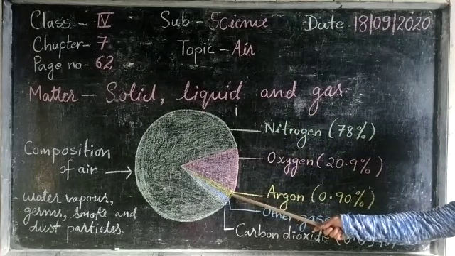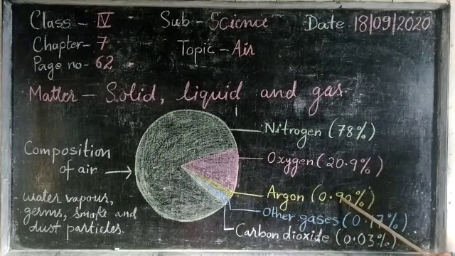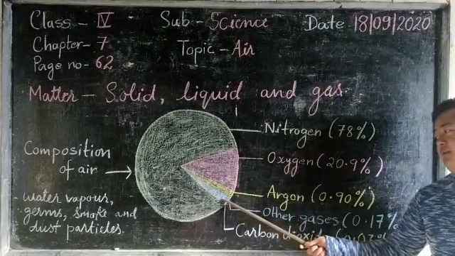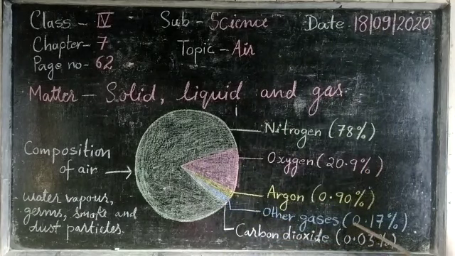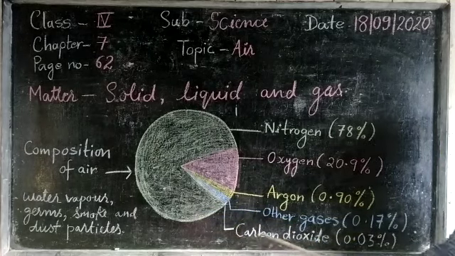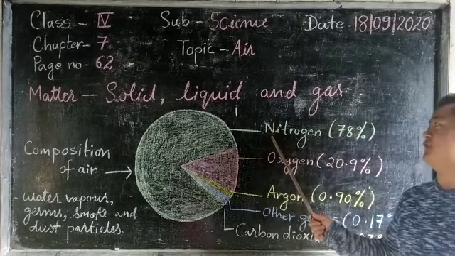Argon gas, also in the atmosphere, is 0.90%. And in the air, we have other gases, which are 0.17%. And we have carbon dioxide, that is 0.03%. In a large amount, we can see nitrogen.